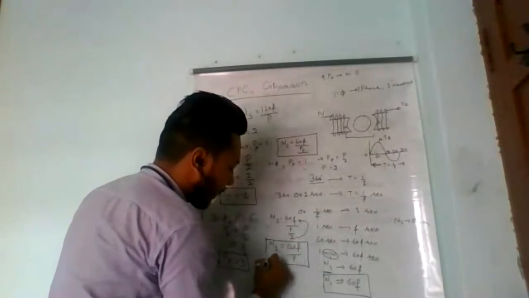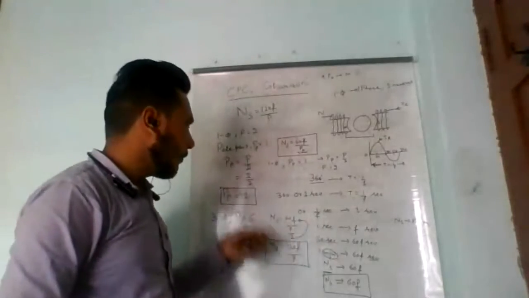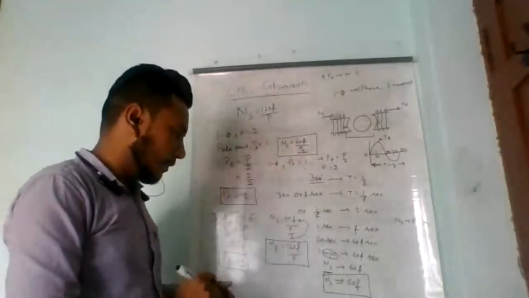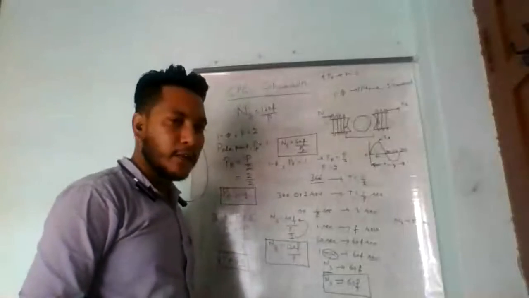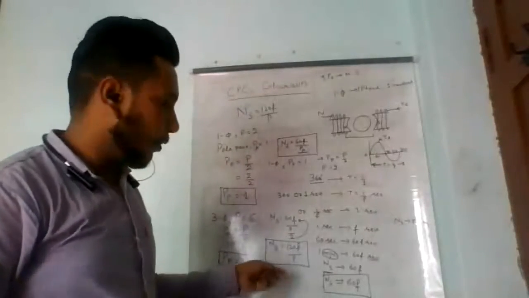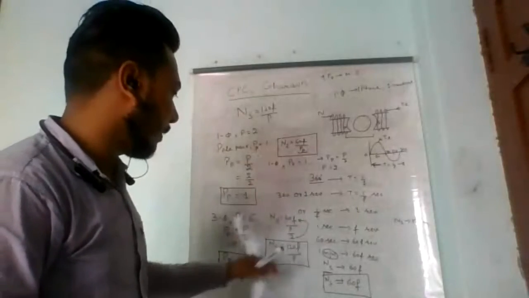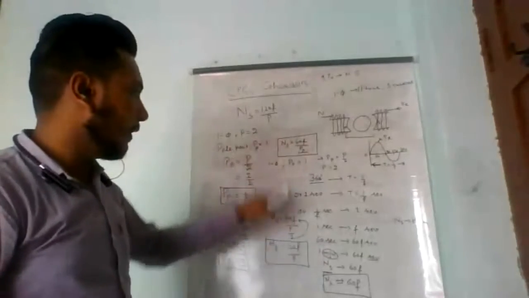Now this is the final expression for the speed of the rotating magnetic field, which is produced in the stator winding and rotates at speed ns is equal to 120 f upon p. This is the final expression for how we can calculate the speed of the rotating magnetic field.